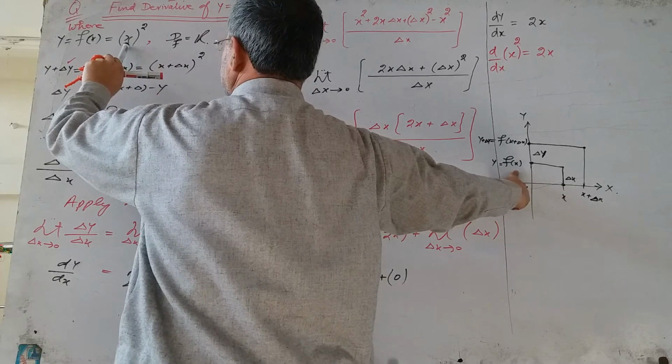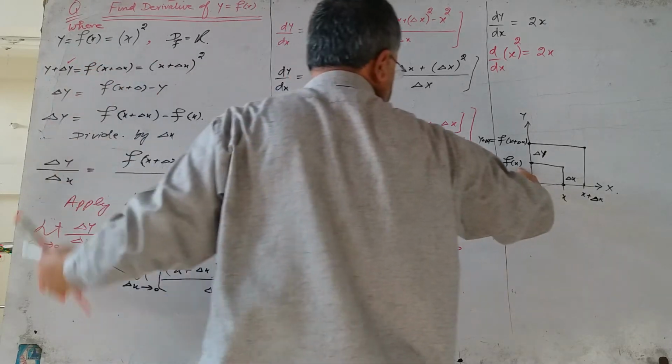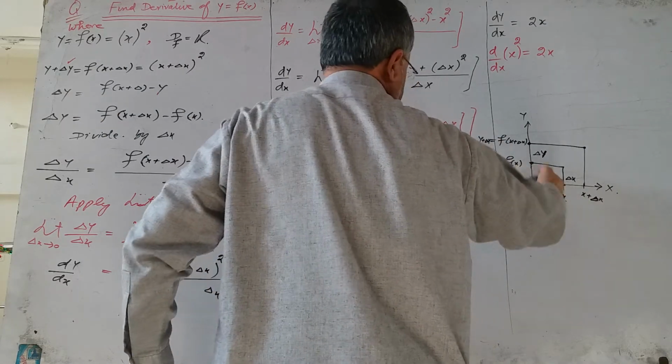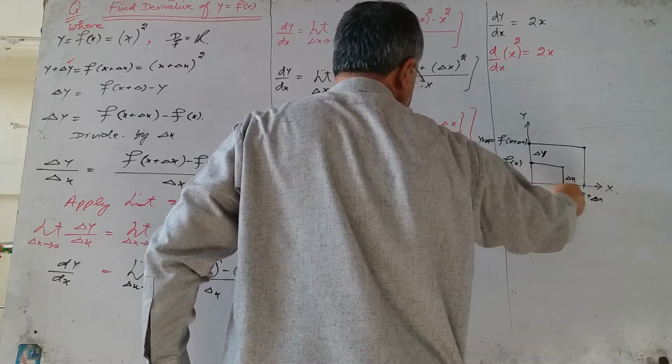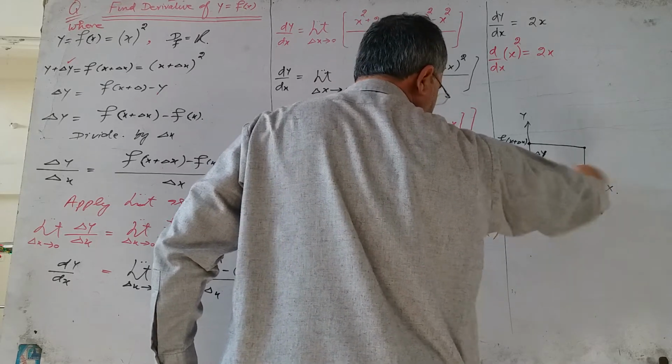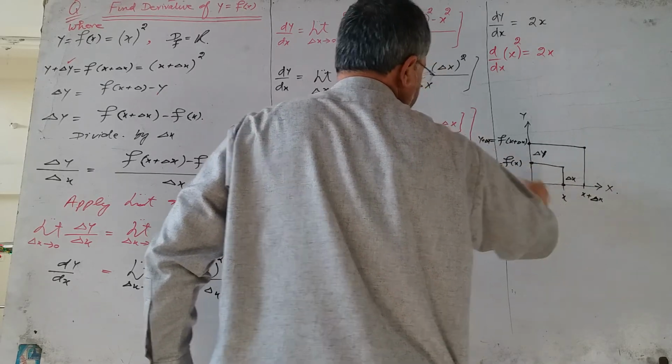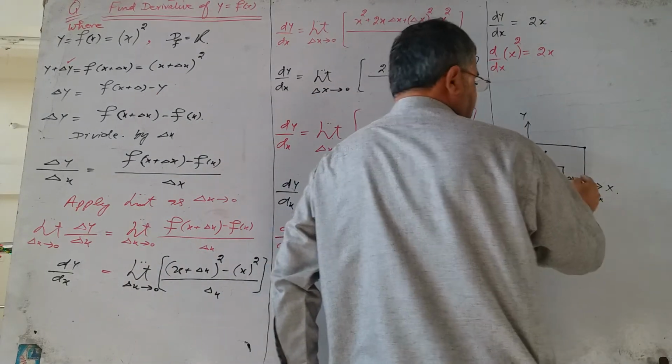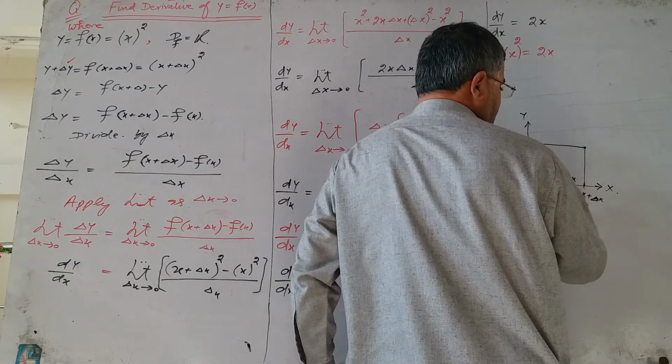be calculated from x square, which is a point on the y axis, because the function is defined on the set of real numbers, and this point is a point of the domain of the function f of x. We add the change del x in the independent variable.